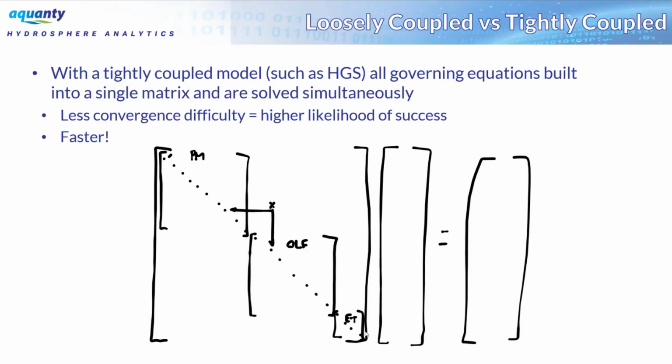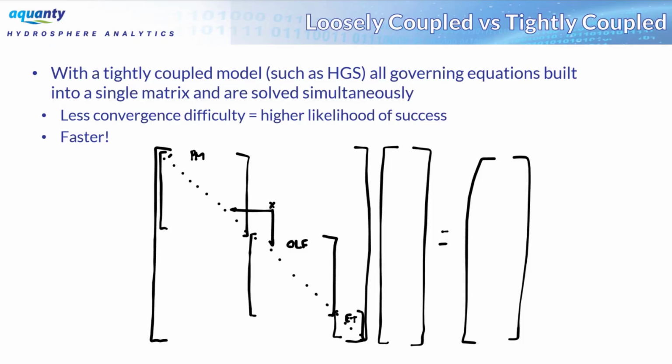Here we have ET for evapotranspiration. All of your nodal properties will lie along the diagonal of your matrix. You'll have these off-diagonal terms, which I've indicated as X, and these facilitate the exchange of water between nodes that are shared between different model domains.